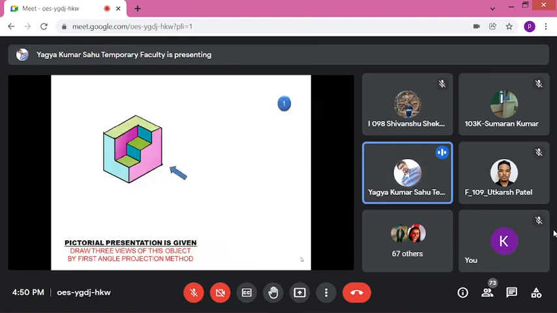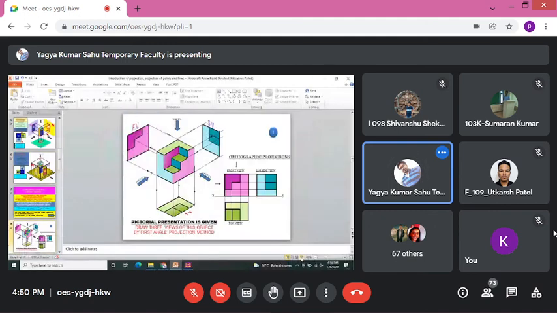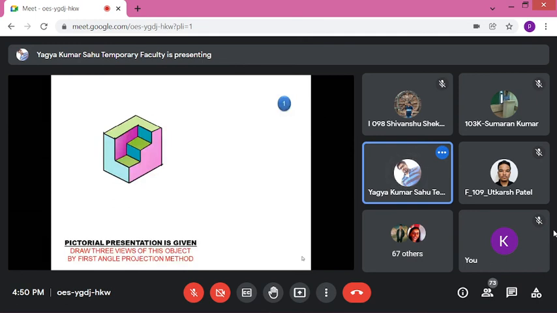Okay, I am showing you some pictures, okay, for your visualization. Okay. What about the front view of this? Front view of this particular image, but object. कौन सा portion दिखेगा? कौन सा color दिखेगा front view में?